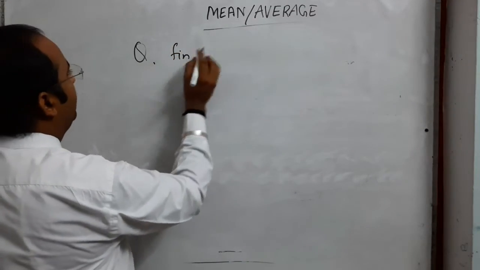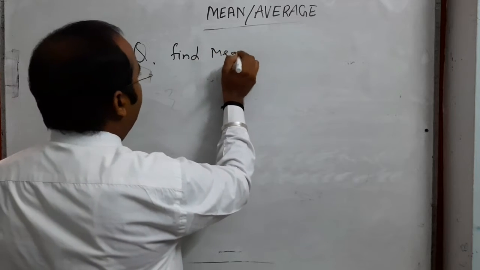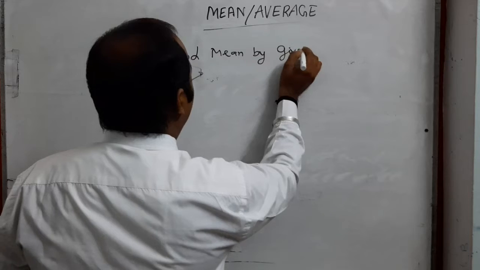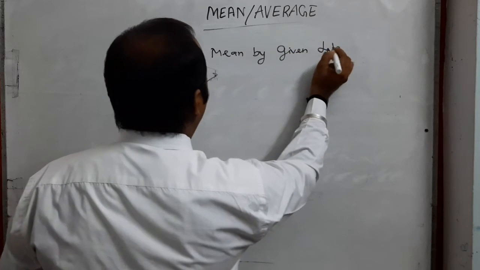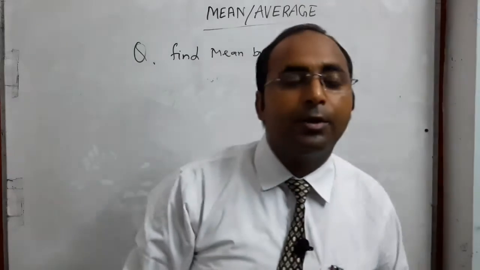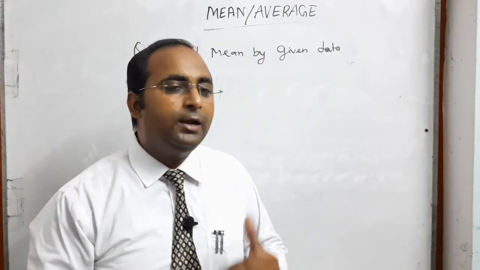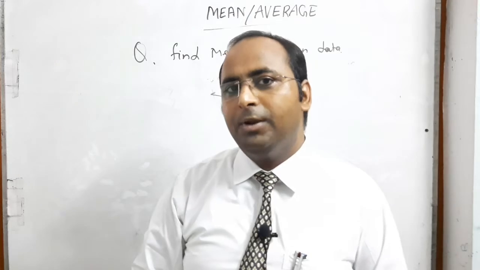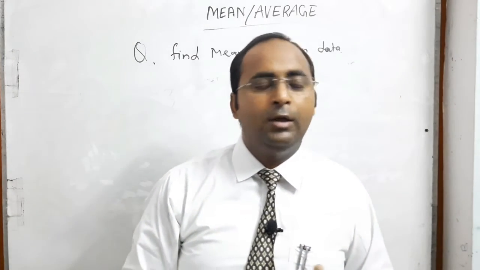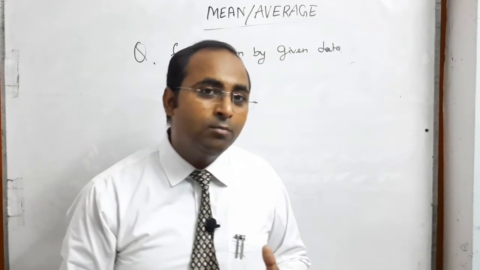Here a question is given. Find mean by the given data. Always remember, whenever it is said to find the mean by ungrouped data, in that condition, what will you do?